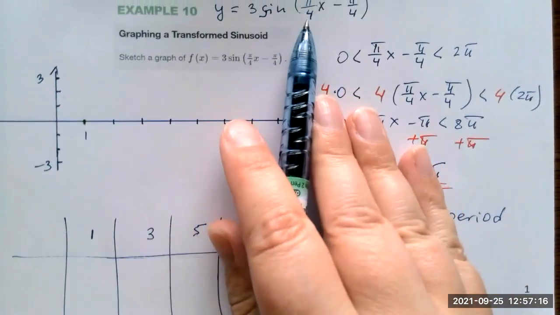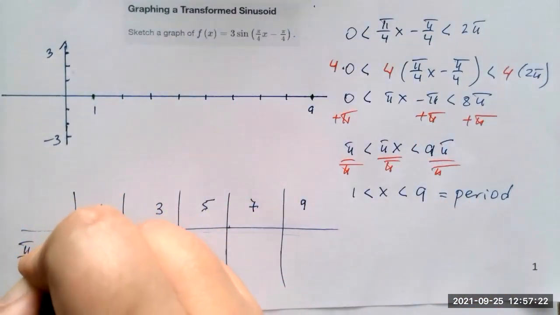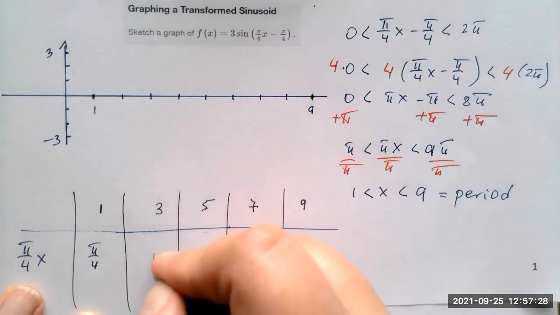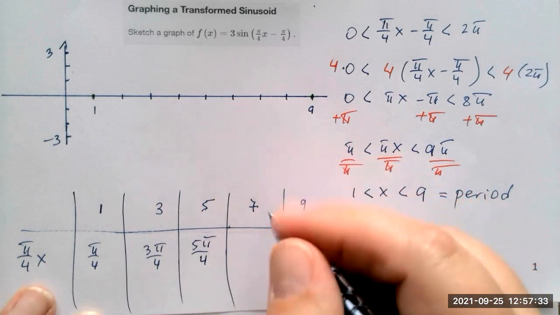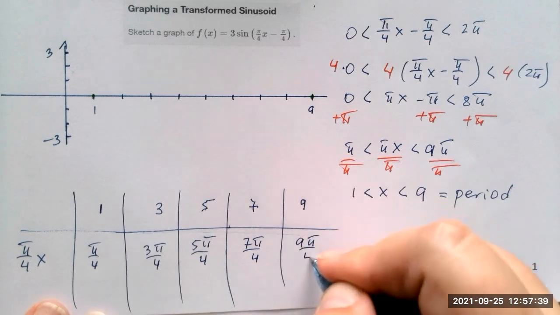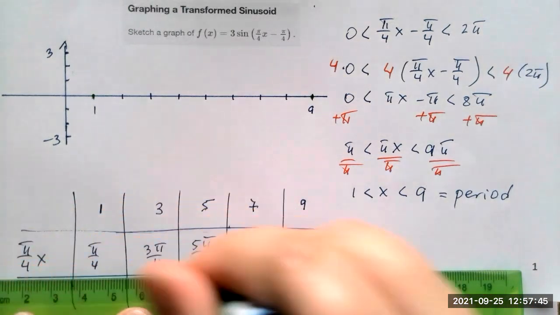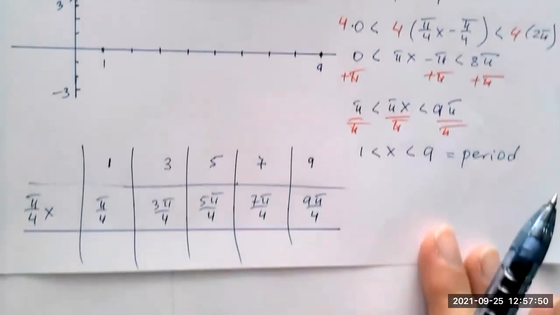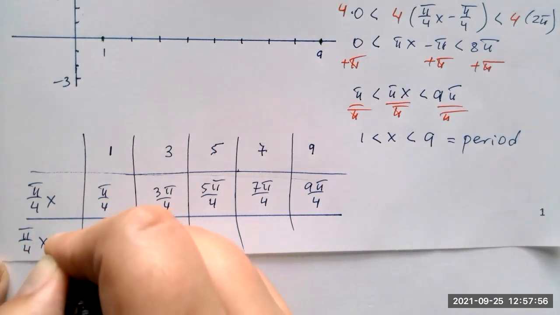So let's do that. The first step is to multiply x by pi over 4. So pi over 4 times x will give us pi over 4, and then 3 pi over 4, 5 pi over 4, 7 pi over 4, and 9 pi over 4. Okay, finished this step. The next step would be to subtract pi over 4. So we have pi over 4x minus pi over 4.